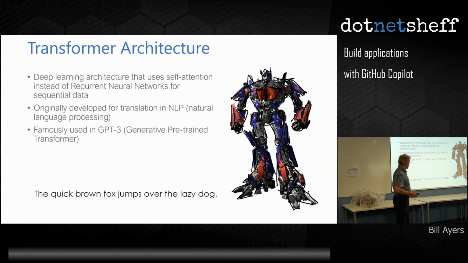So in about 2017, this new deep learning architecture, one of the key things about it is it's parallelizable. So you can throw it at things like GPUs and train, and also use them for inference as well. So it becomes much more practical to make much bigger models.